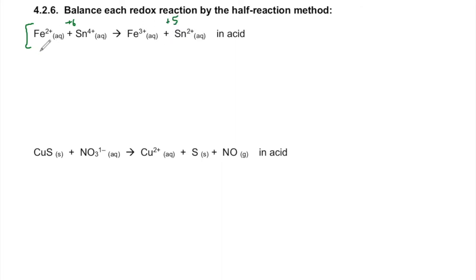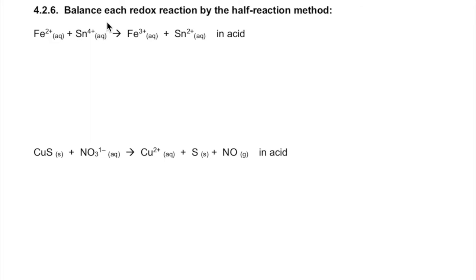So even though this reaction is balanced as far as elements goes, it's balanced as far as atoms go, it's not balanced as far as electrons go. So let's see if we can modify this and balance this so that not only the elements are balanced, but the charge on both sides is balanced as well. And if the charge on both sides is balanced, that means the electrons are balanced.